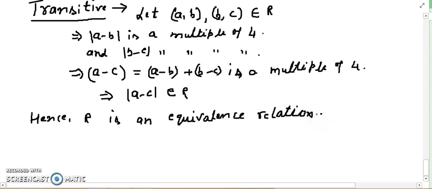All right. Now the second part is, first of all you have to prove the relation is equivalence, and then find the set of all elements related to 1.